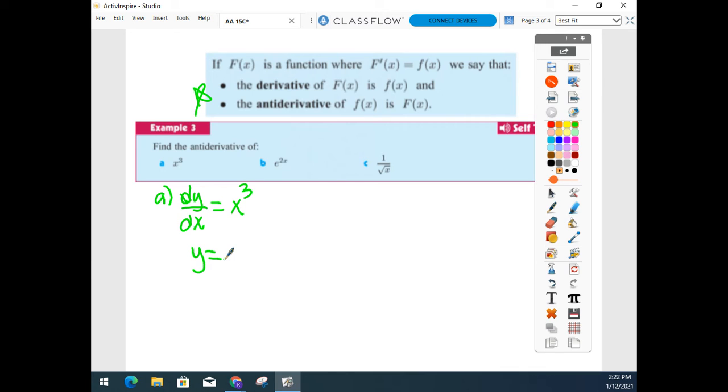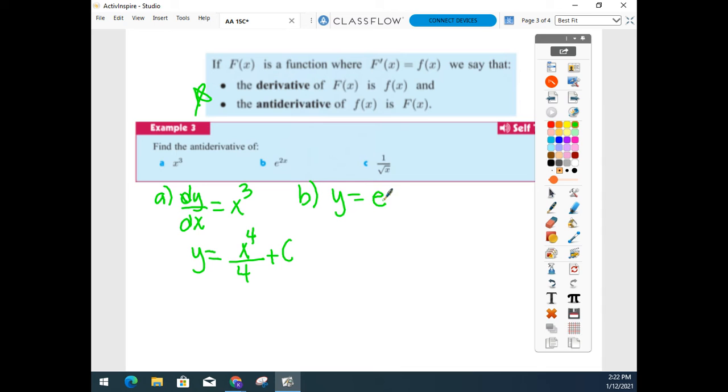So think of the process, add 1 and divide. And I'm always going to put that plus c there. Add 1, divide. All right. Letter B.